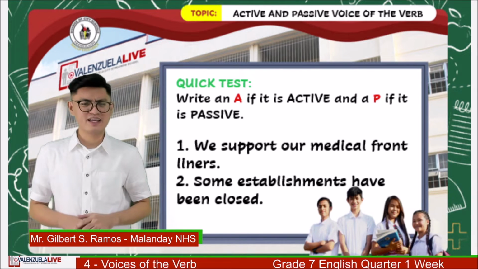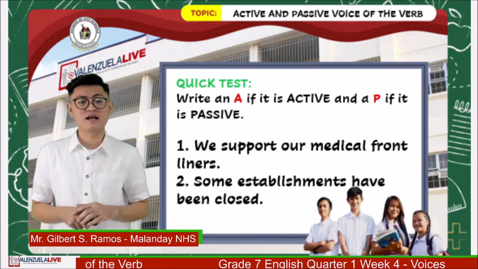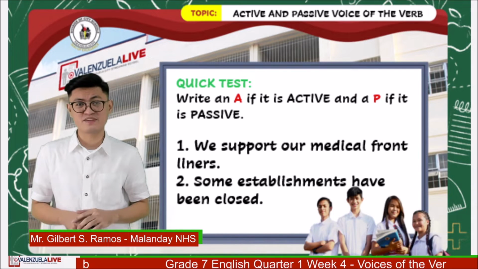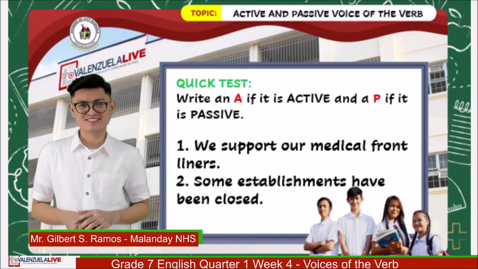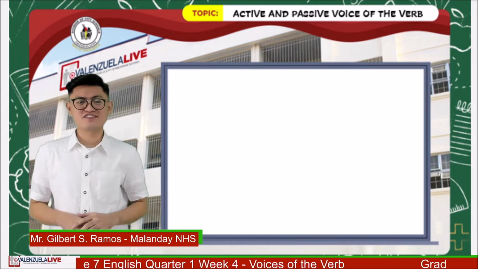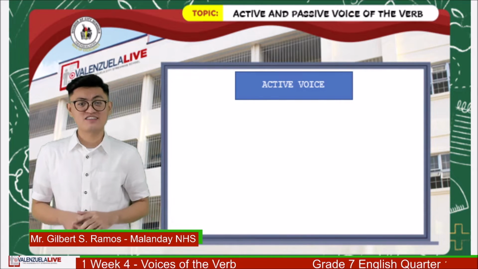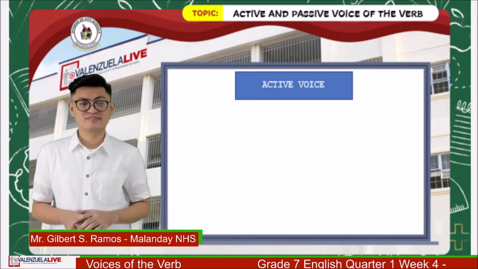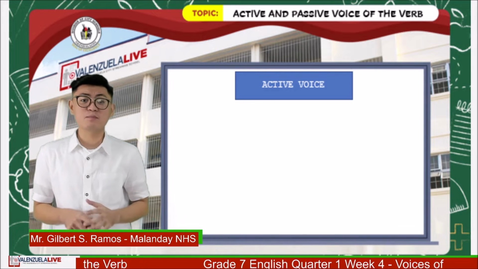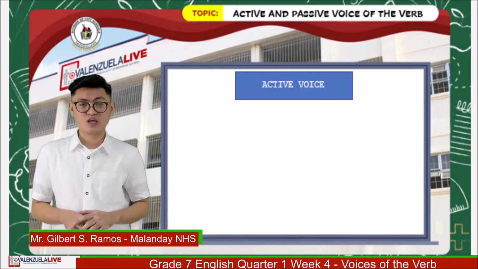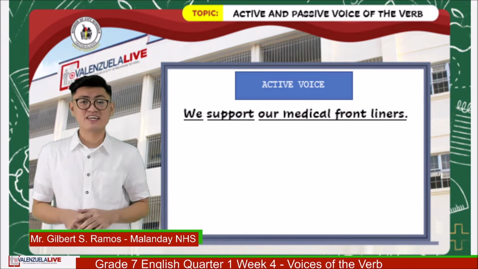Will you help me transform it from active to passive? In order for us to do that, it is necessary to recall sentence patterns. Now, let us mark the sentence. We is the subject.